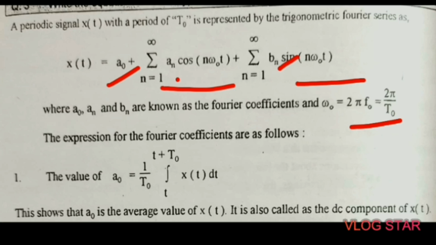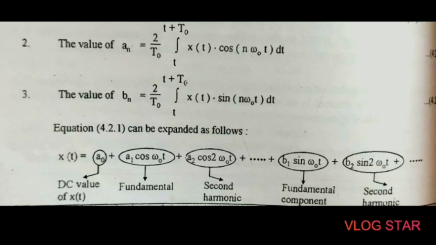The expressions for the Fourier coefficients are as follows. The value of a0 can be calculated as 1 upon T0 times the integral from t to t + T0 of x(t) dt. This shows that a0 is the average value of x(t) and it is called the DC component of x(t). Then the second is to calculate the parameter an.